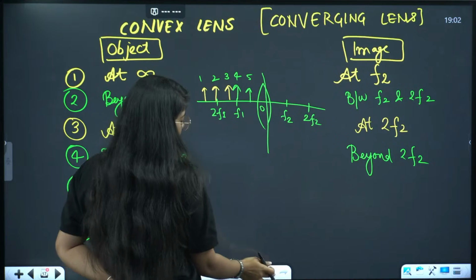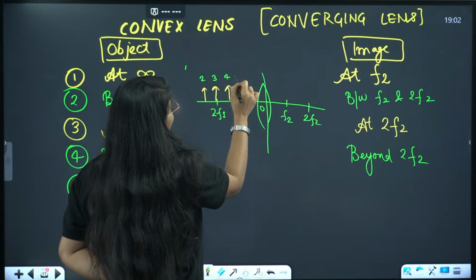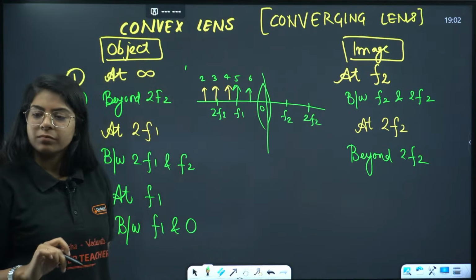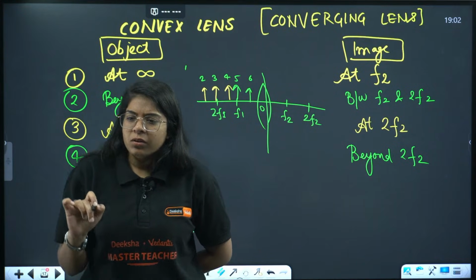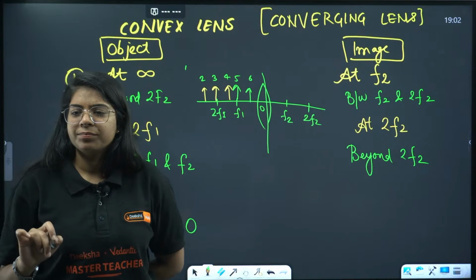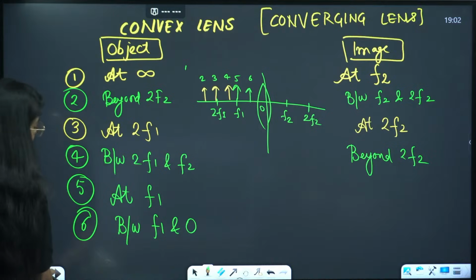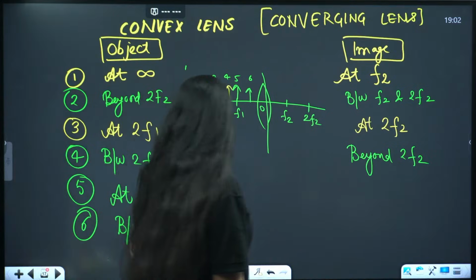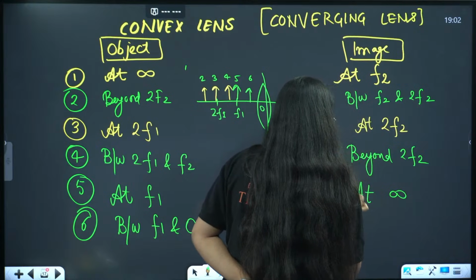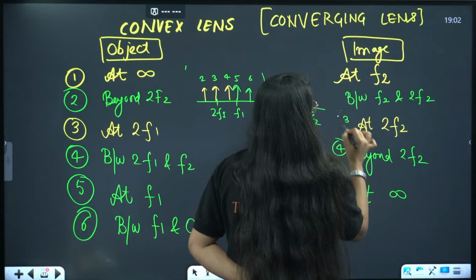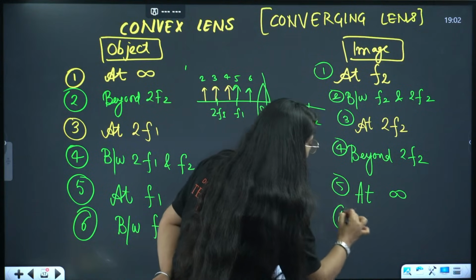No. 1 is at infinity, 2, 3, 4, 5, 6 cases. चलो, 6th case कहाँ? Image will be found between where? This will be at infinity for 5th case. 4, 3, 2, 1. बताओ, in the 6th case where the image will be found?